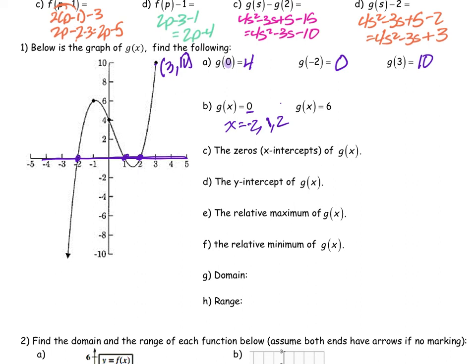Okay, and then the next one says, oh, this is going to be fun. y equals 6. What does x equal? If y equals 6, which is here, right? I had to come over here. What does x equal?